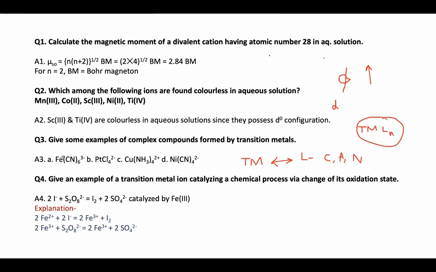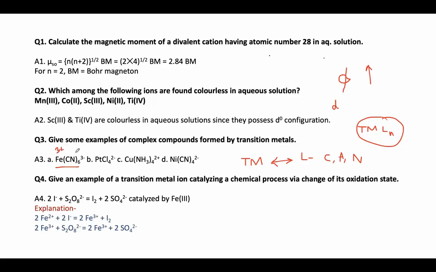So you see here, I have given typical examples of which kind of ligands are attached to the transition metals. The first one is the iron ferricyanide system, which is [Fe(CN)6]3-. You see here the oxidation state of iron is +3.